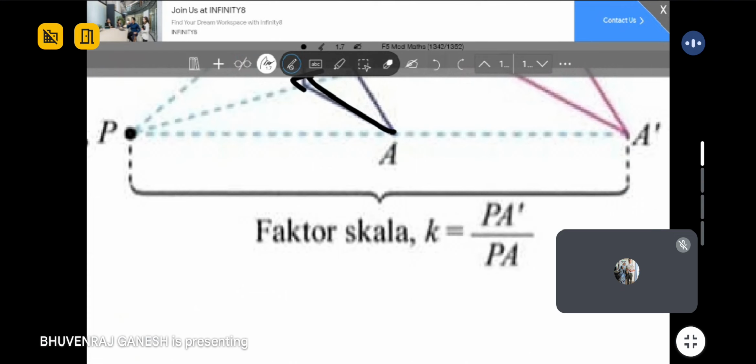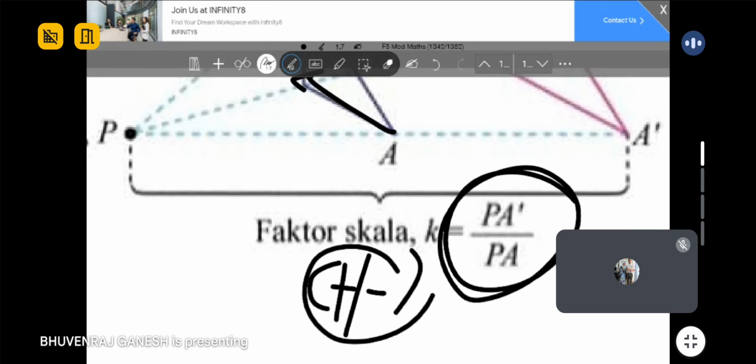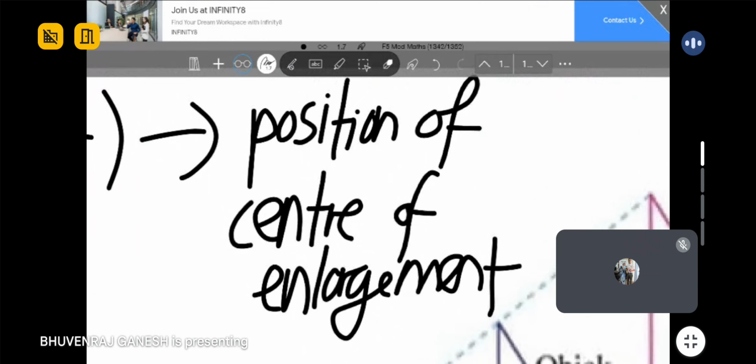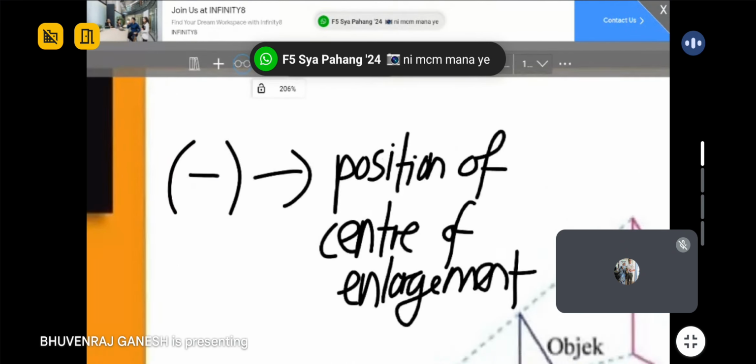So positive or negative here, dia tak berdasarkan yang ni. It's not affected by the length. Tak dipengaruhi oleh panjang, sebab panjang selalunya positif. So there is actually another factor. The factor is kedudukan pusat pembesaran, the position of the center of enlargement.